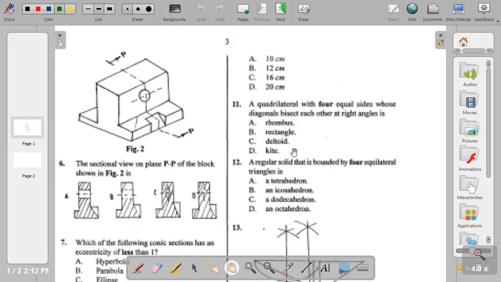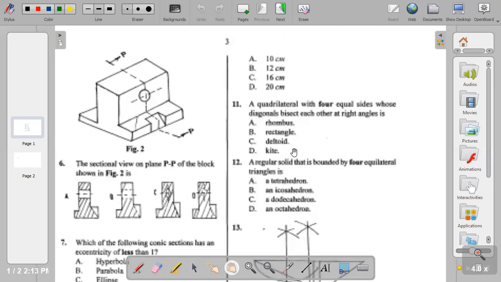So for question 11, the answer is rhombus, because a rhombus has 4 equal sides, while a rectangle has just 2 pairs of equal sides.